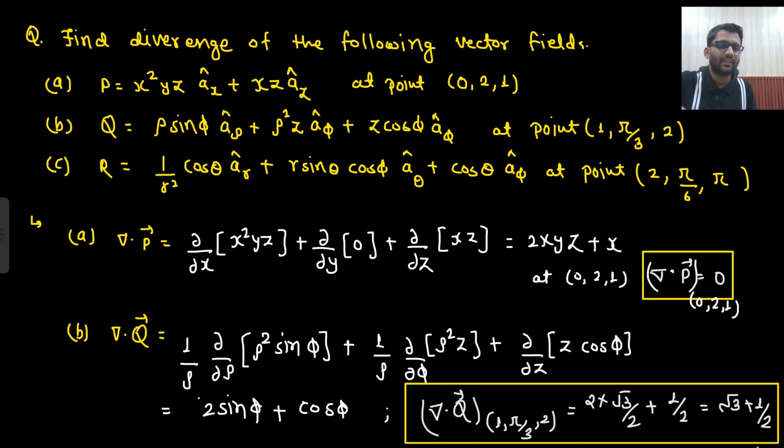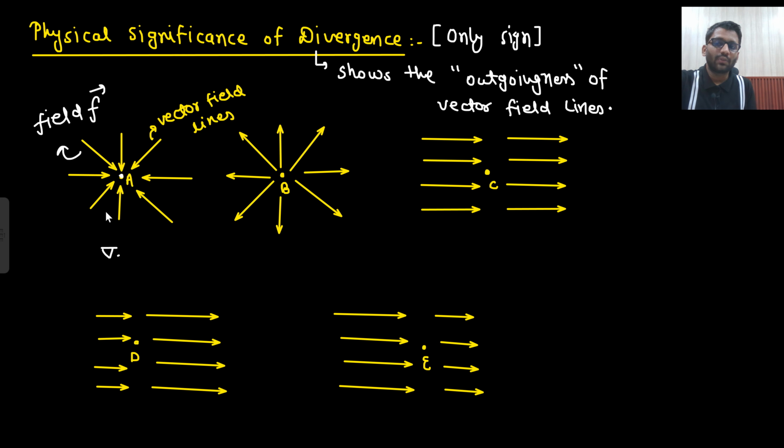So divergence of vector field F at point A will be negative. Why is it negative? Because it is telling that field lines are coming in. If you are standing at point A, what will you feel? That lines are coming into me. If that is happening, then divergence will be negative.